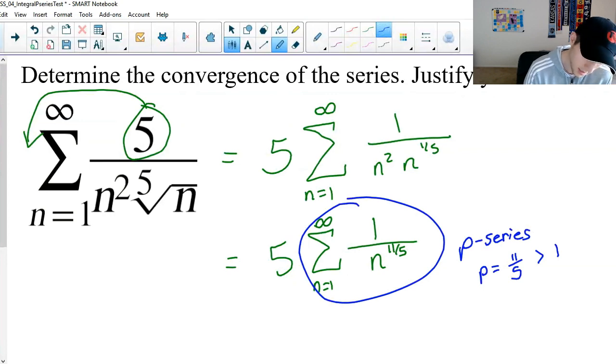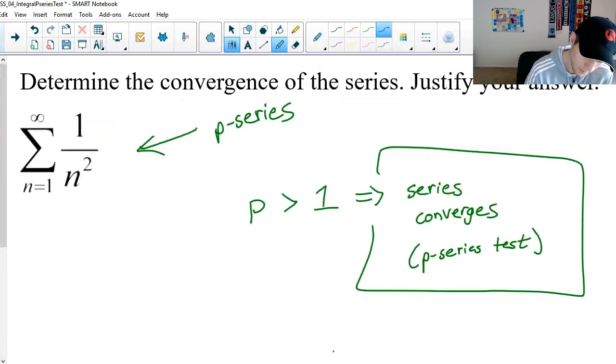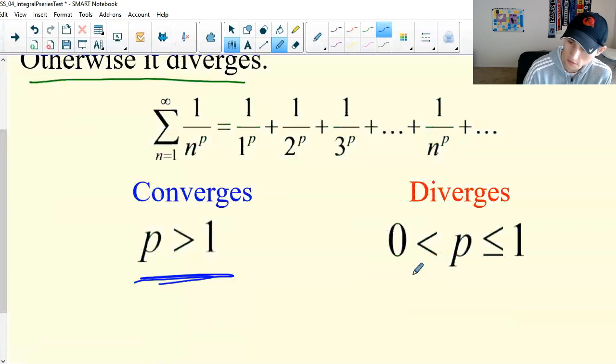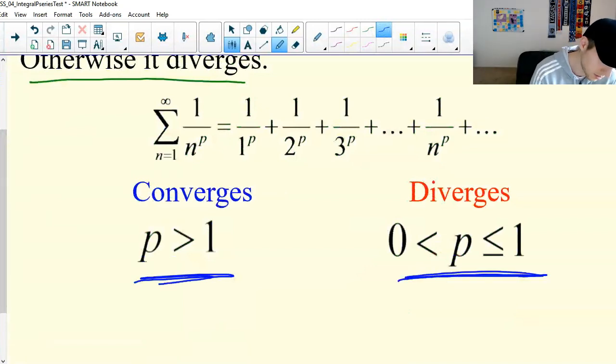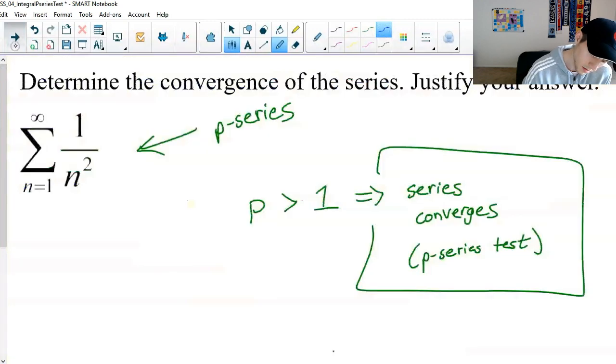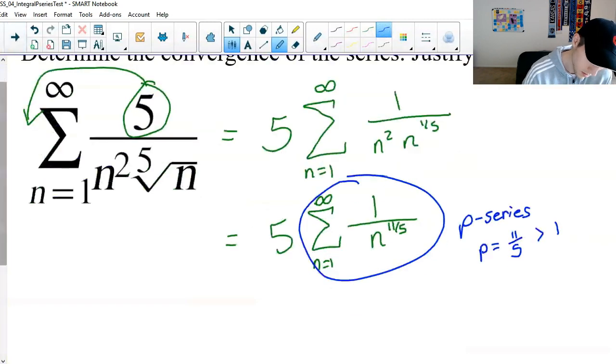Right, so just like last time, going back to our rule, greater than 1, it converges. 0 to 1, diverges. So the series converges, and we use the P series test.